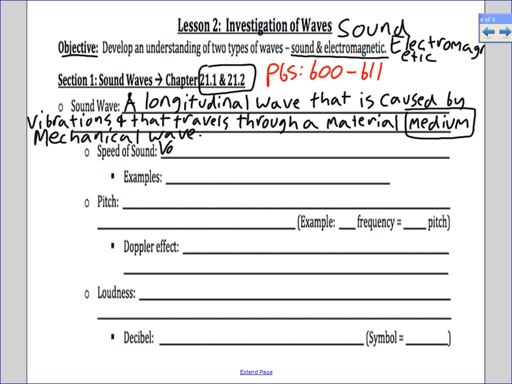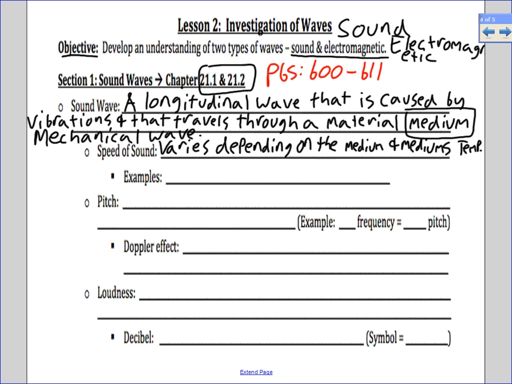All right? Now, when we talk about a sound wave, we can talk about the speed of sound. And this varies depending on the medium and the medium's temperature. All right?